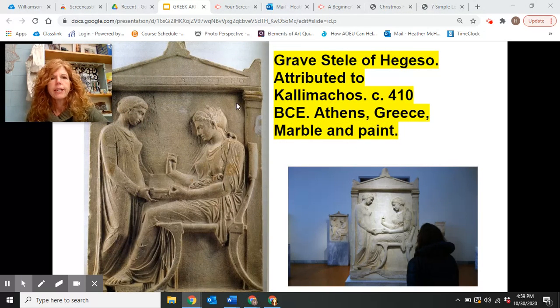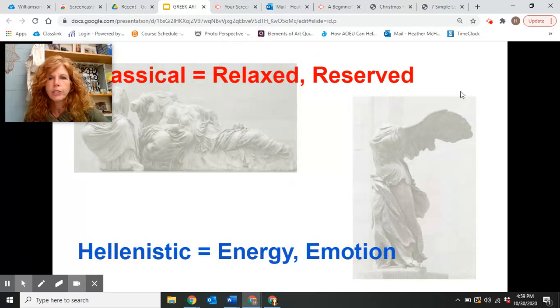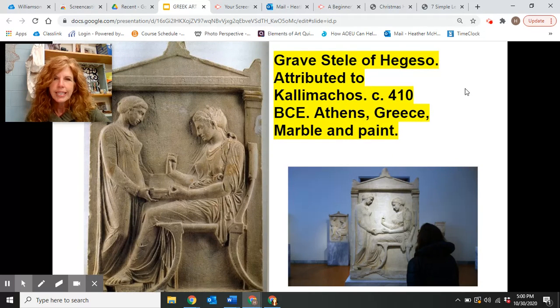This is the grave stele of Hegeso, and this is really important because it tells us so much about the domestic life of ancient Athenian society, right? The importance of women, because you had to be male and you had to be a citizen of Athens to be considered a citizen, right?